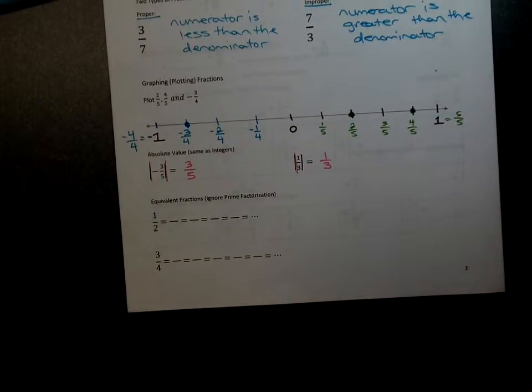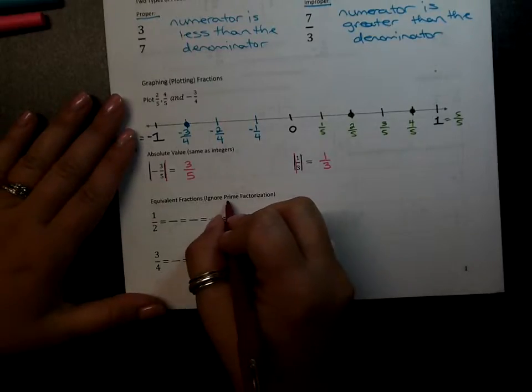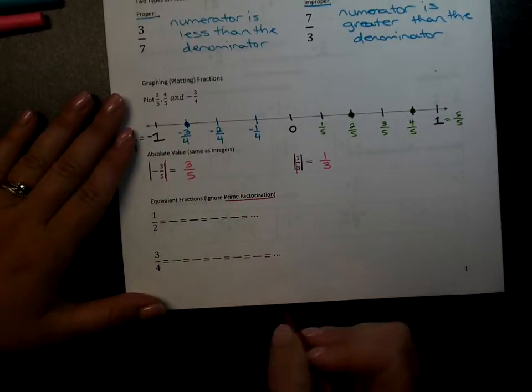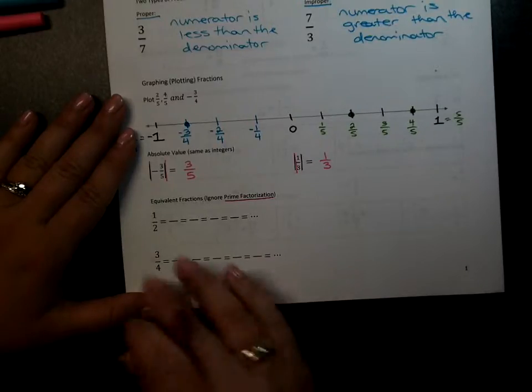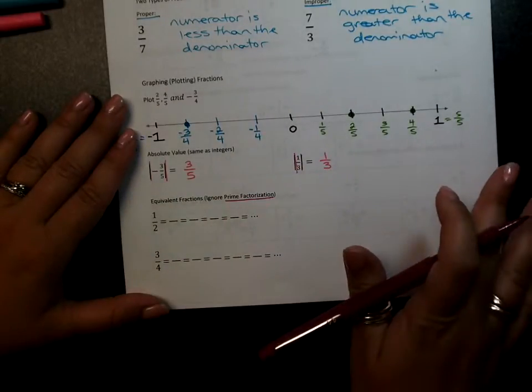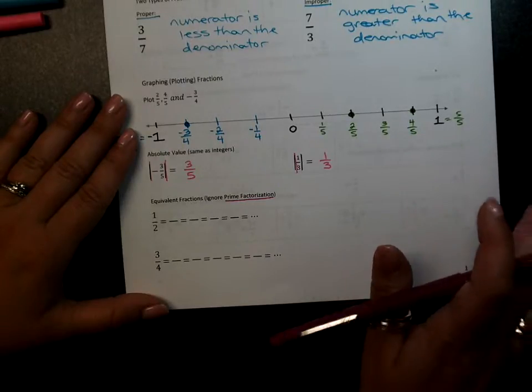Then the end of this section gets into what are called equivalent fractions, and this is a big part of fractions. I will warn you, your book talks about something called prime factorization, which is just a mess. It's way overdoing equivalent fractions, and I think it's overkill.